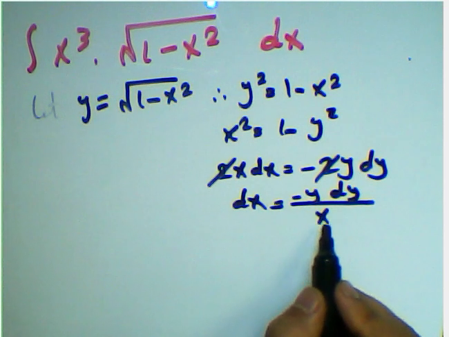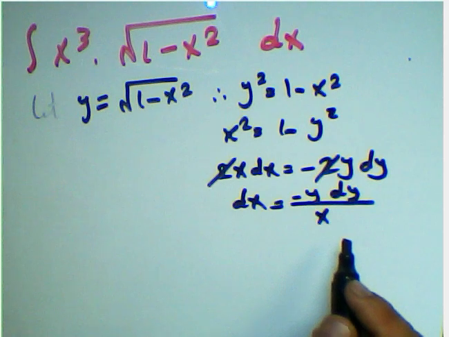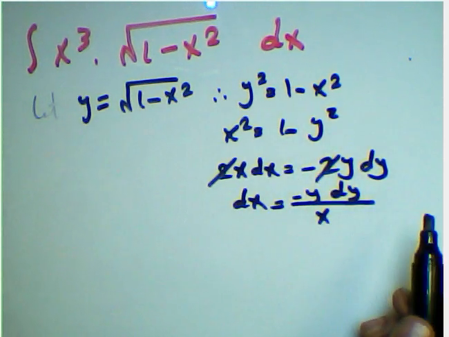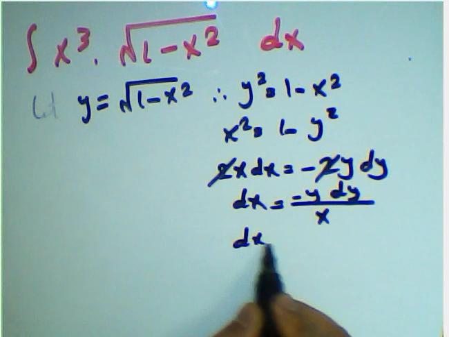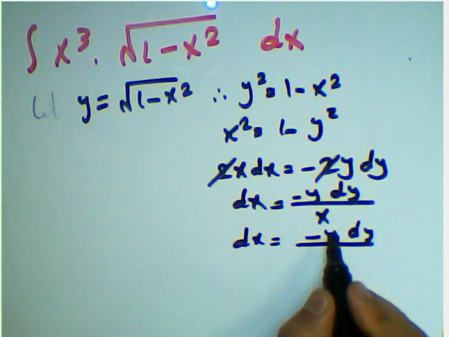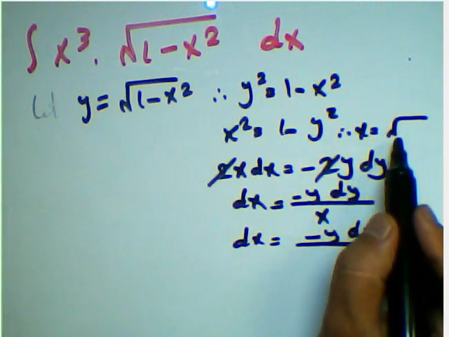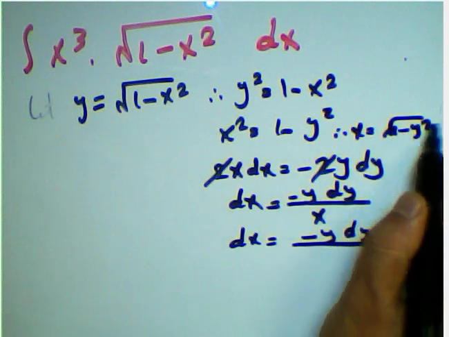and we can write x from this example, square root of 1 minus y power 2. Then dx equal negative y dy, cancel x and write x equal square root of 1 minus y power 2.